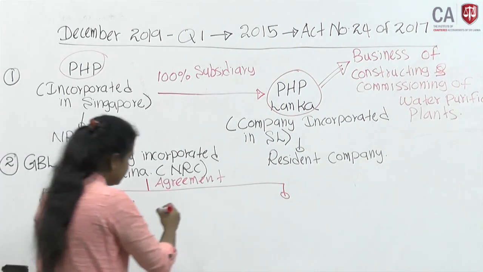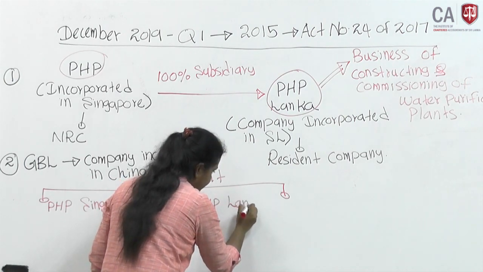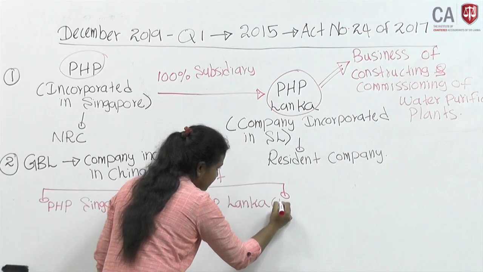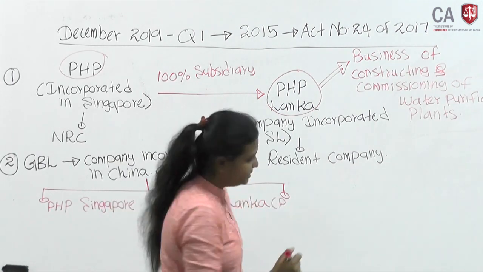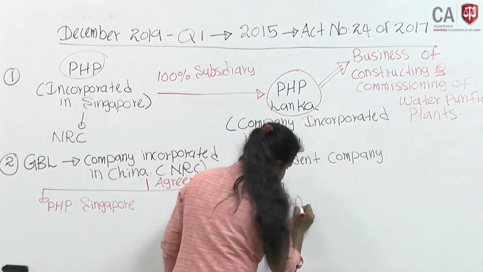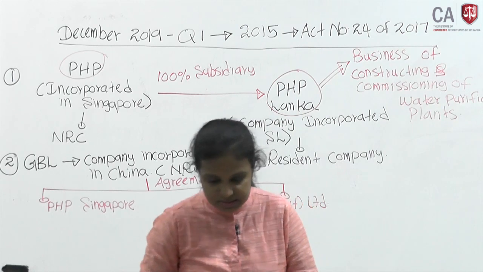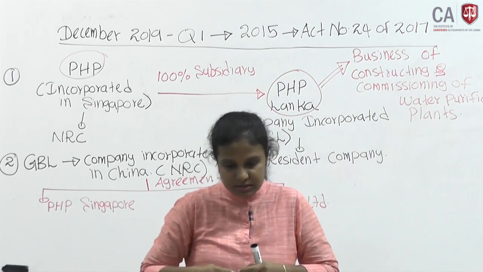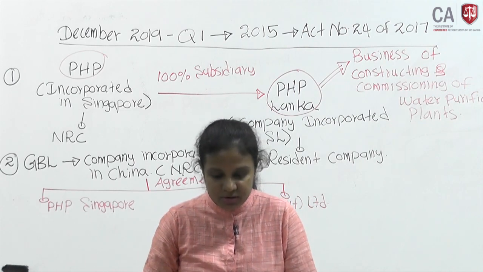The other party is PHP Lanka, which is a resident company. Is it private limited? Yes, it's a PVT Ltd. What are those 2 agreements? To construct a water purification plant in the factory in Horona.